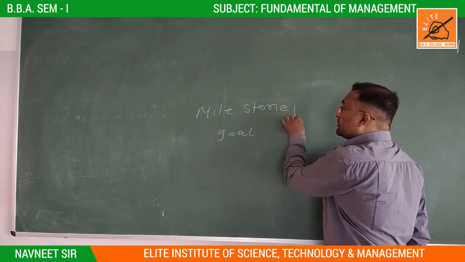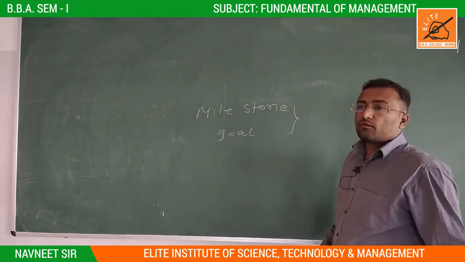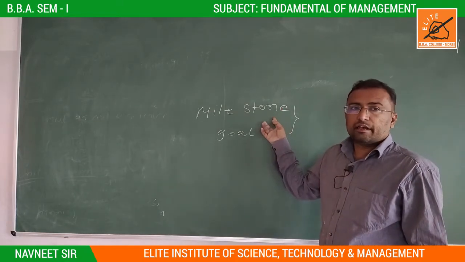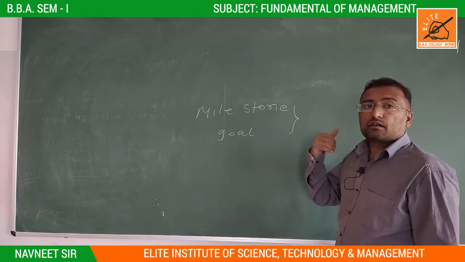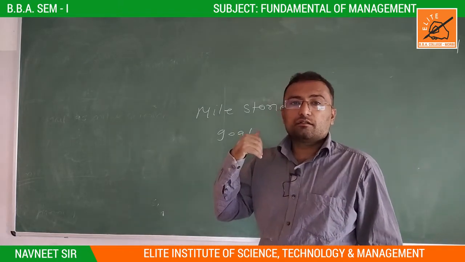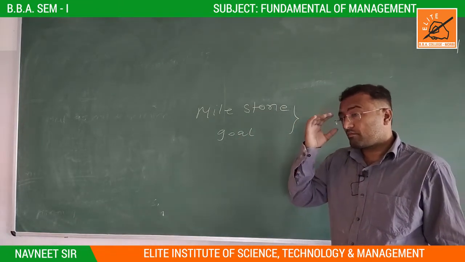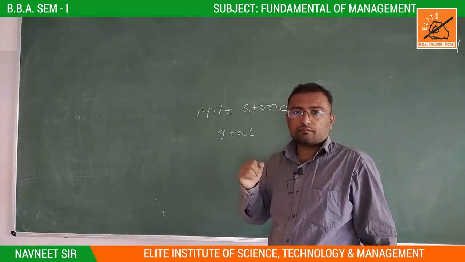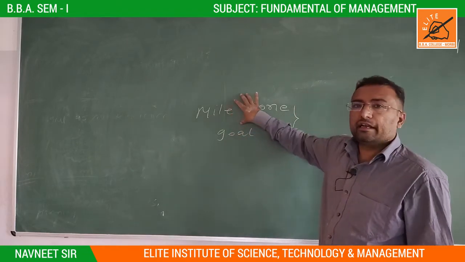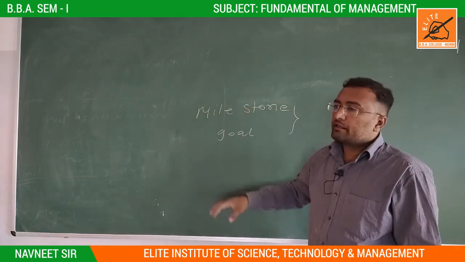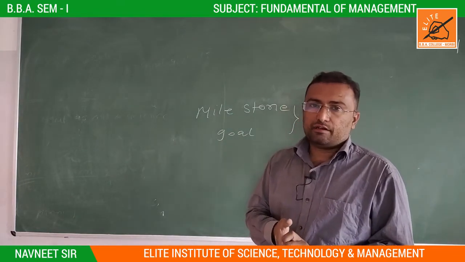If all these things are not in a particular organization, then they reach nothing. Means if in a particular management or organization there is no milestone or goal, they cannot reach anywhere.